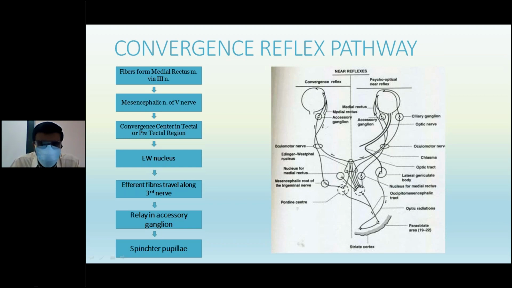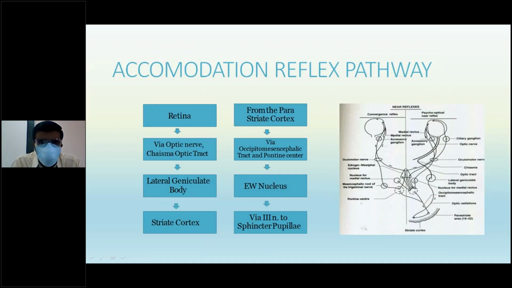From the pontine nucleus, it reaches the Edinger-Westphal nucleus of both sides. From the Edinger-Westphal nucleus, they relay in the accessory ciliary ganglion. Accessory ciliary ganglion to the sphincter pupillae of both sides. So it causes convergence. So this is the convergence reflex.